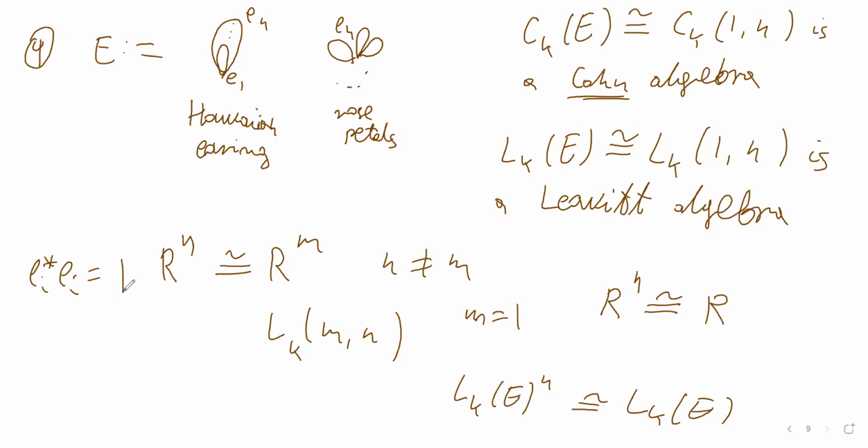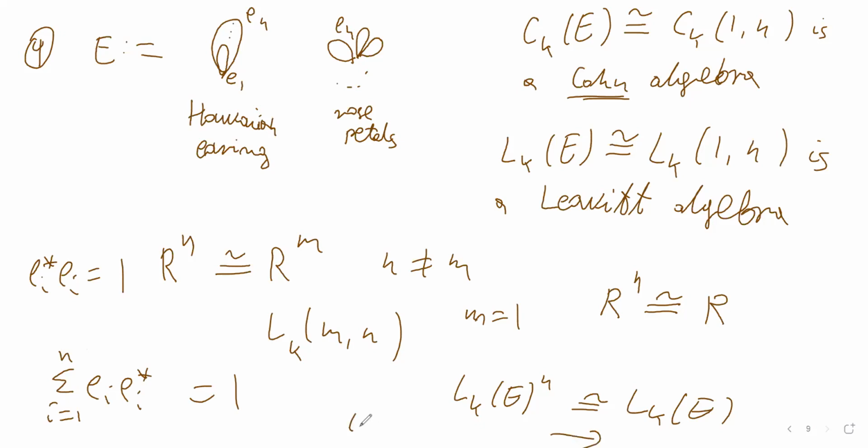But we also have the second Cuntz-Krieger relation, that says that the sum from i equal 1 to n of e_i e_i* is equal to 1. And basically, this is what gives this isomorphism.